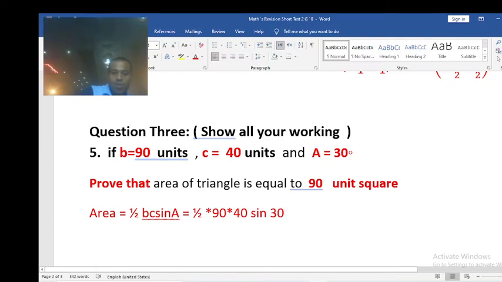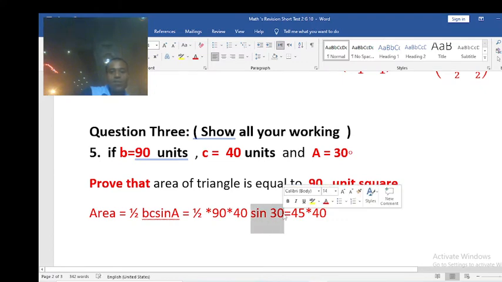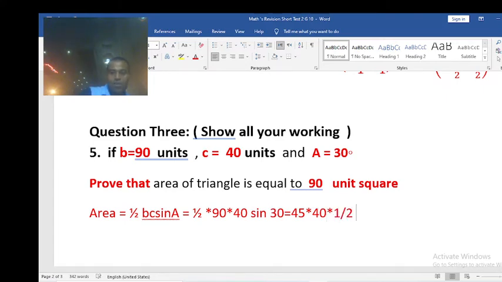So equal also, what is half? Half of 40 is 20, multiply by 45, and sine of 30 is equal to half. Sine of 30 is equal to half.